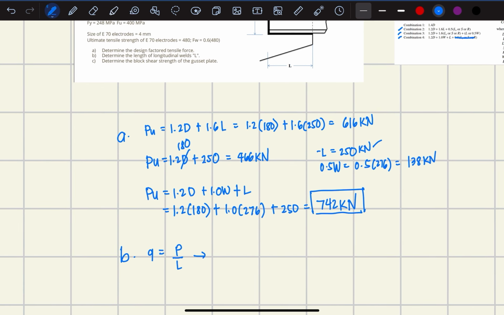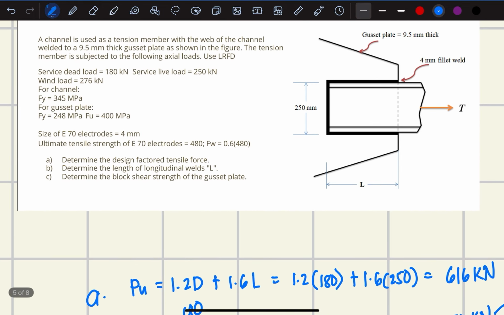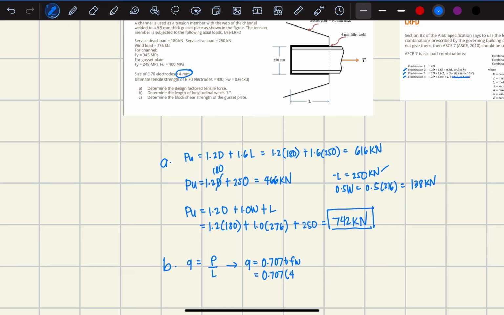Another formula is 0.707 times t times Fw. Given yung thickness ng fillet weld, 4 mm, times the Fw na 0.6 times Fu, 480.